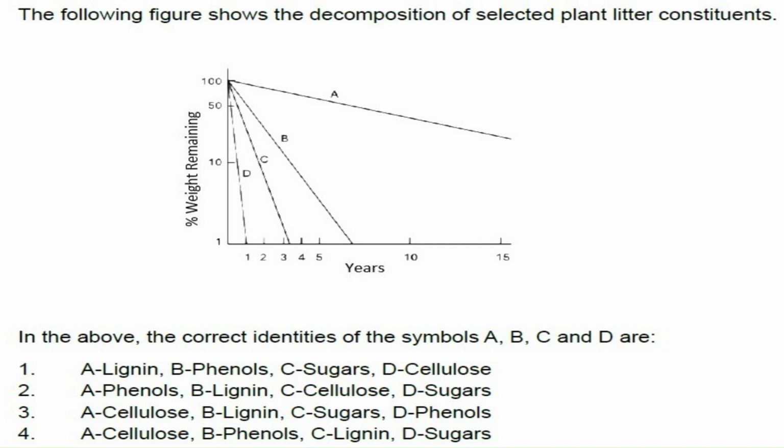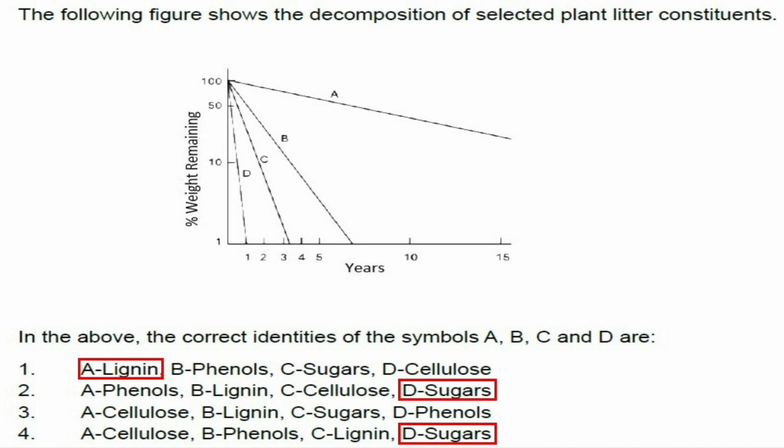So it will correspond to A, and we have to look at the answers which have lignin as A. So we have option 1 that has lignin as A, and another important thing that we know is that line D is for sugars, as they will be the quickest to get degraded, and there are two such options which have D as sugars, that is option 2 and option 4.